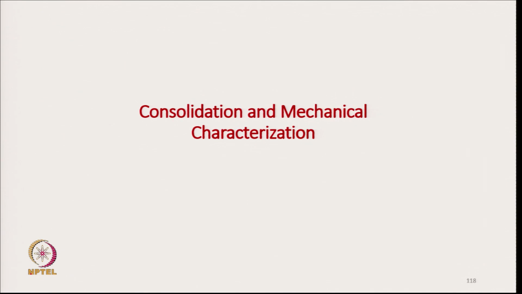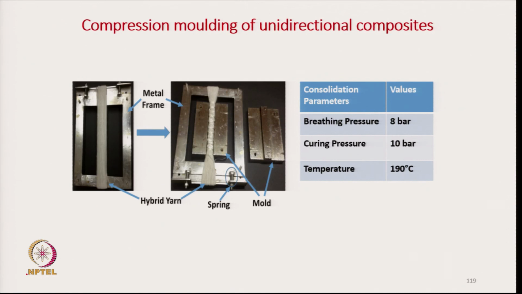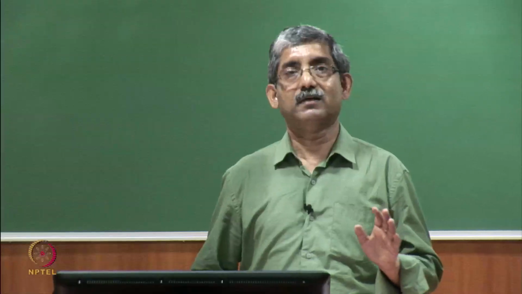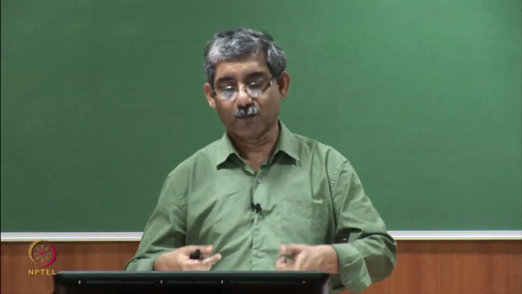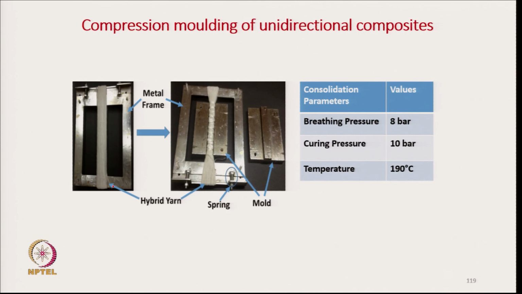And consolidation method and mechanical characterization. This is the consolidation method, where we have made the composite. After wrapping a number of layers, a compression molding machine is used with a breathing pressure of 8 bar, curing pressure of 10 bar and curing temperature of 190 degree Celsius.